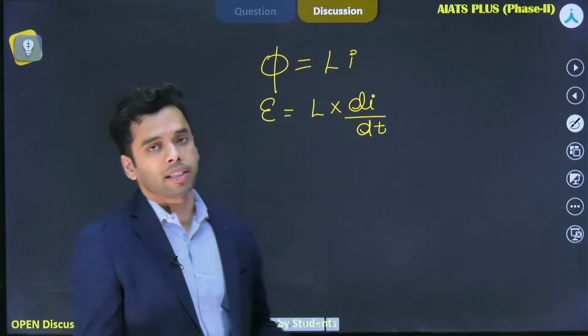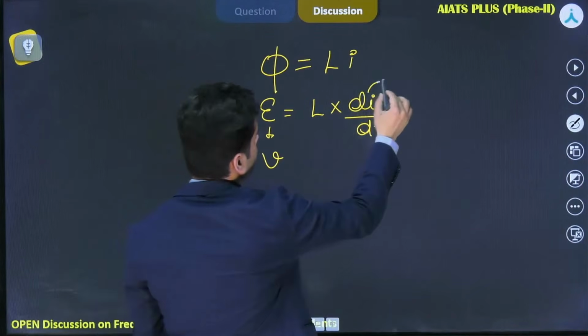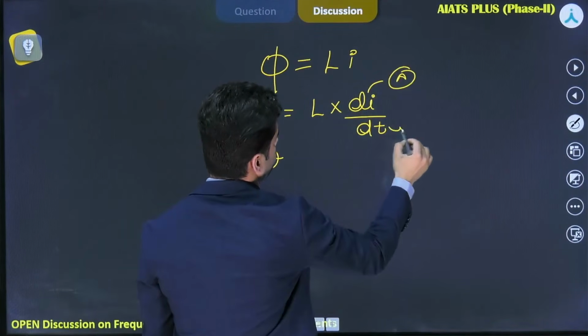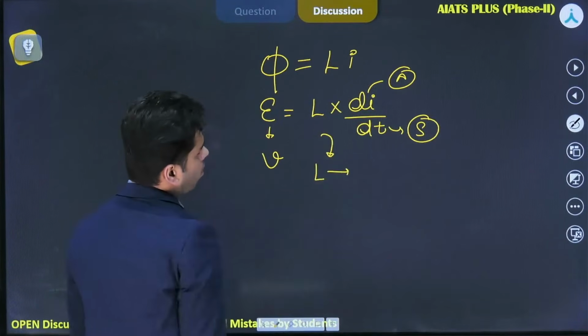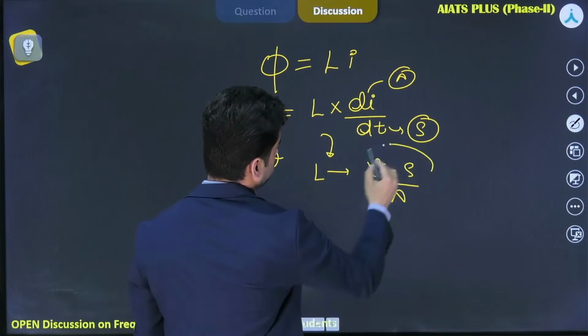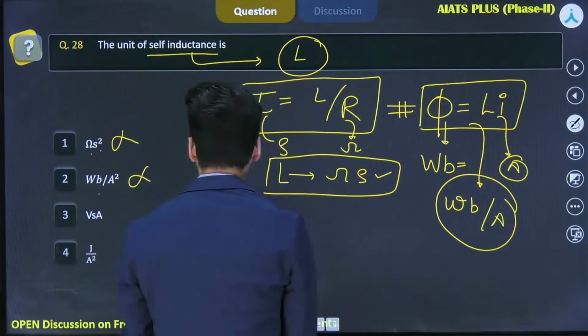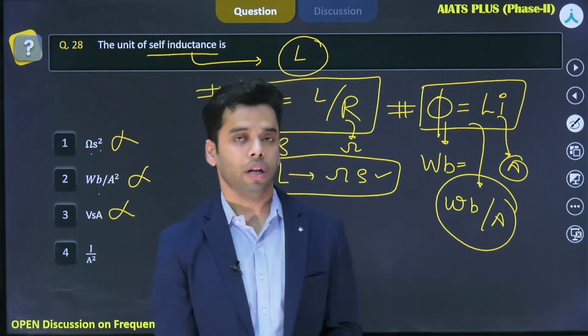This will have a unit of volt, this a unit of ampere, and this a unit of second. So from here the unit of L can be written as volt second per unit ampere. You have been given volt second ampere. So this one is also wrong. This cannot be the correct answer.